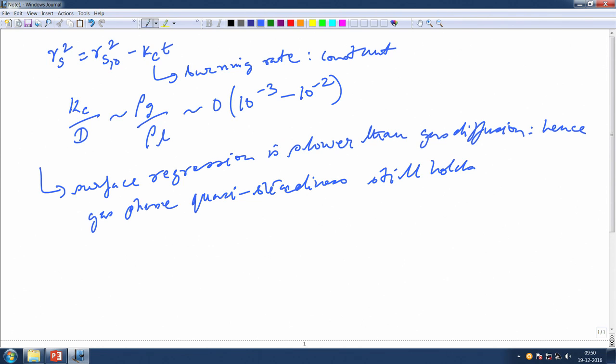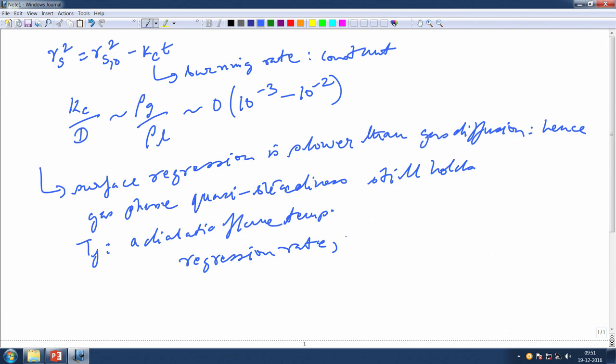And remember also that Tf was the adiabatic flame temperature, this we wrote in the last class also, the flame temperature for this stoichiometric flame. During this period of droplet combustion, you should remember the reaction standoff distance ratio is given by Rf by Rs.